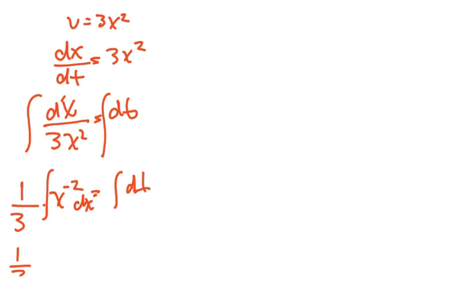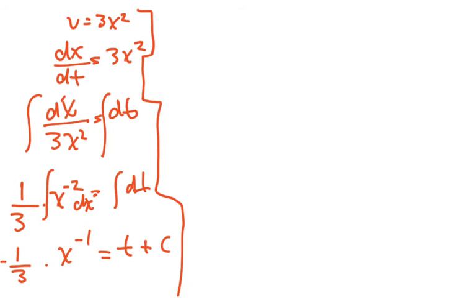So we have negative 1 over x here, and then here we have 3t. Do not forget about the constant. And then we can continue on right here. So we have negative 1 over 3 times 1 over x. And then here we have t plus c.